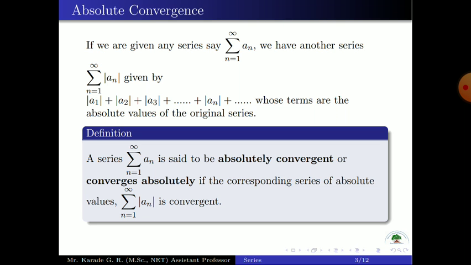See the definition once again. It means a given series summation a_n is said to be absolutely convergent if its absolute series is convergent. Okay, so let us take one example.